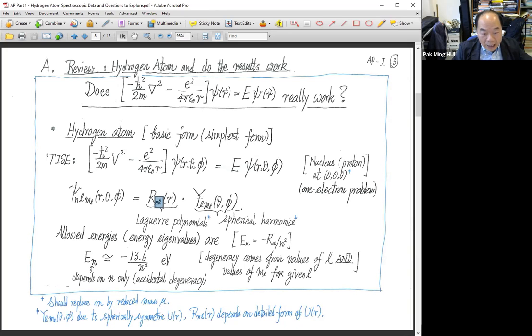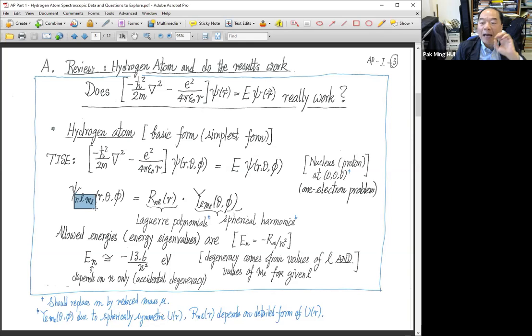You have l and m in the angular part. So in all, you have n, l, m as the three quantum numbers for the hydrogen atom states. You specify these three numbers, you specify an unperturbed hydrogen atom energy eigenstate.